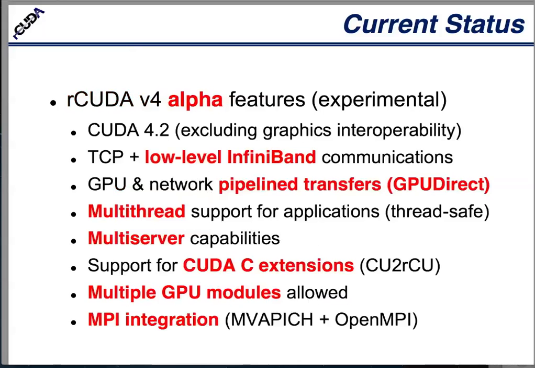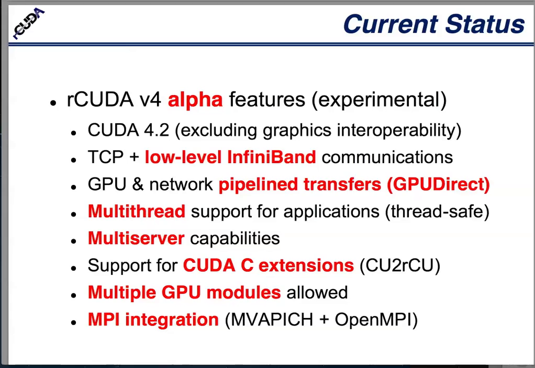The new rCUDA 4, for which we have already released an alpha version, supports the same API. It includes TCP and InfiniBand communications modules. It performs GPU and network pipeline transfers, employing the first generation of GPU Direct. It includes multi-thread and multi-server capabilities.